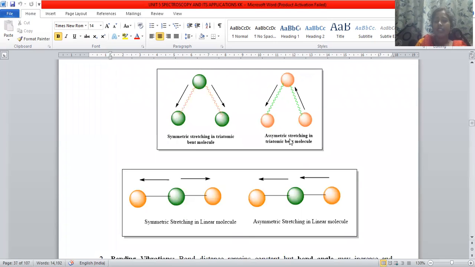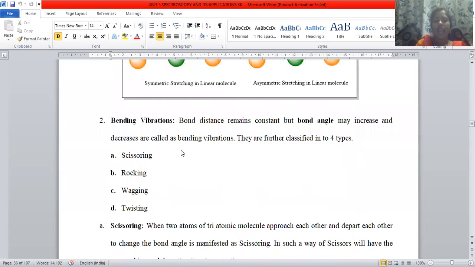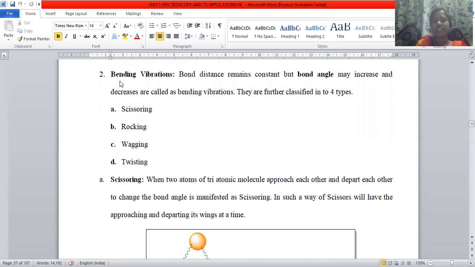When asymmetric stretching occurs, one of the bonds is coming out and the second bond is going inside, so that uneven bond lengths are generated, which induce asymmetry within the molecule. One bond will be elongated and the second bond will be compressed. This is called asymmetric stretching.